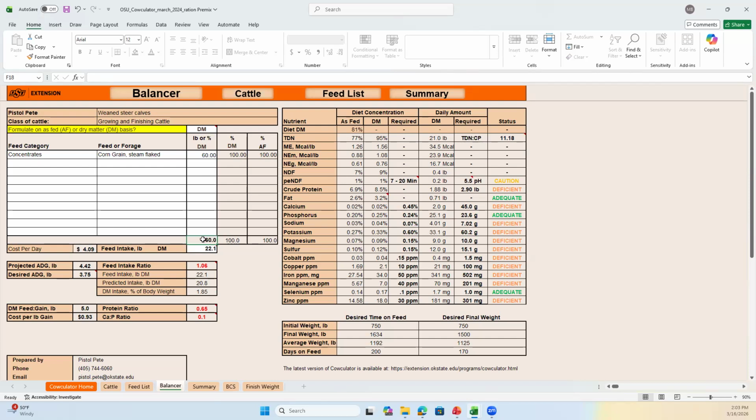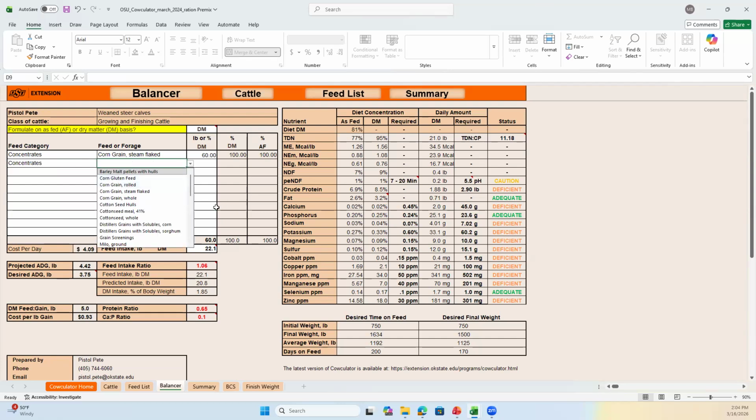Okay. Right now it's at 60. I want this to be 100. So this cell is the sum of all these. Does that make sense? But this cell where I'm specifying the feed intake needs to equal our predicted feed intake so that our feed intake ratio is 1. Everybody following? Okay. All right, next, what byproduct do we want to use, guys?